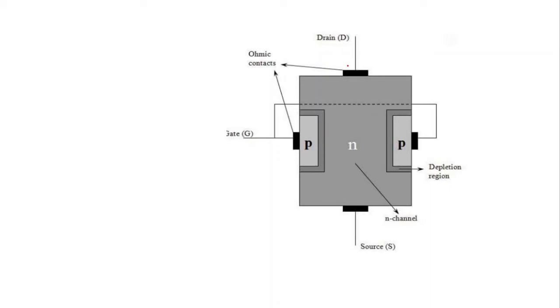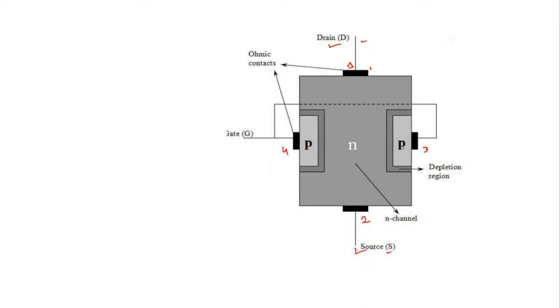We have 4 ohmic contacts. For example, this is my 1, this is my 2, this is 3, and this is 4. This ohmic contact is connected to the drain terminal denoted by D, and this ohmic contact is connected to the source terminal denoted by S. So the top of the N-type material is connected through an ohmic contact to the drain terminal, and the bottom of the N-type material is connected through an ohmic contact to the source terminal.